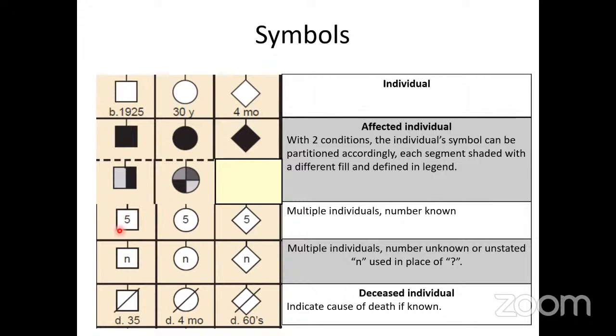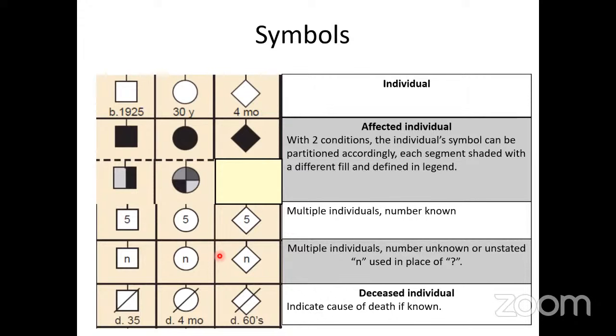If all of them are normal, if they don't have anything to contribute to that pedigree, you can just write 5 inside that symbol. So this is multiple individuals, and you know the number. Suppose you don't know the number and you know that they are okay and there is nothing to contribute, you can write just N. N means you don't know the number, or you can write a question mark inside.